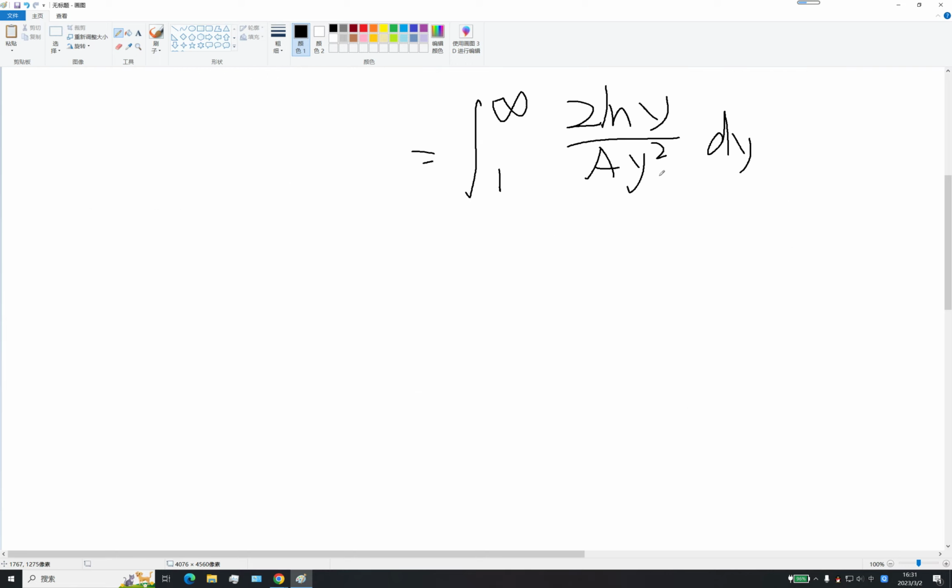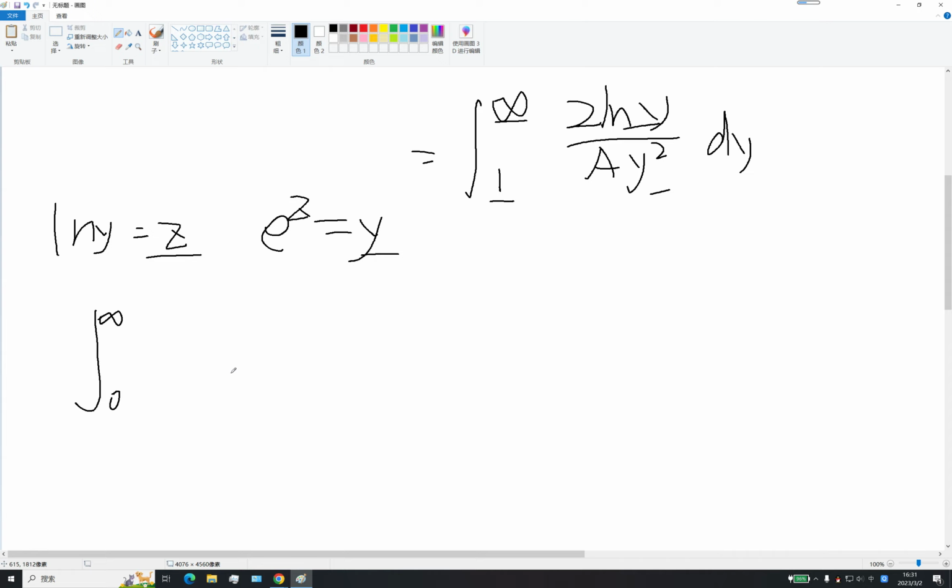To calculate this, we let ln y equal z. So e to the z equals y, and we turn y into z. Because y is from 1 to infinity, z is from 0 to infinity.